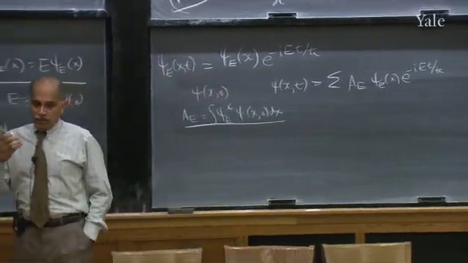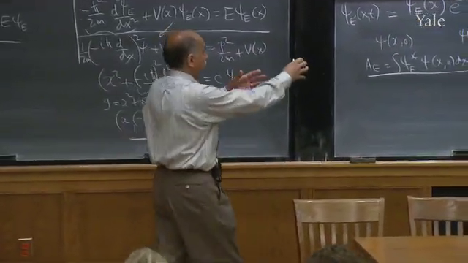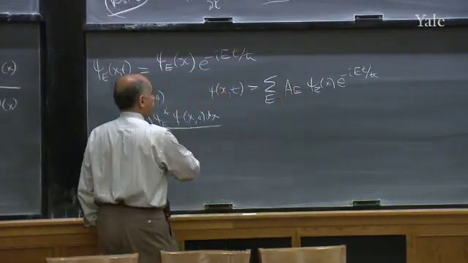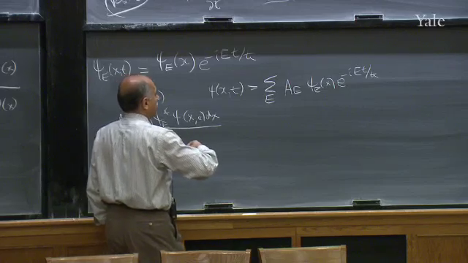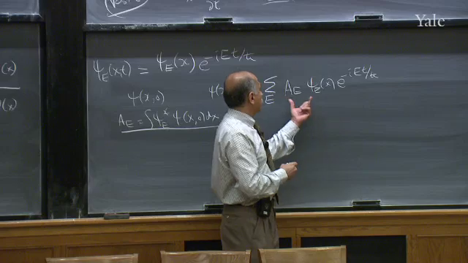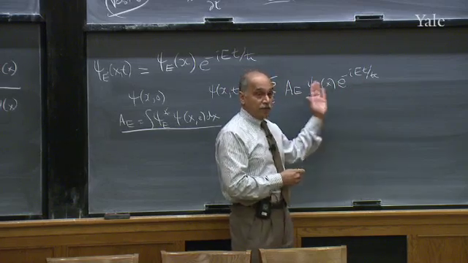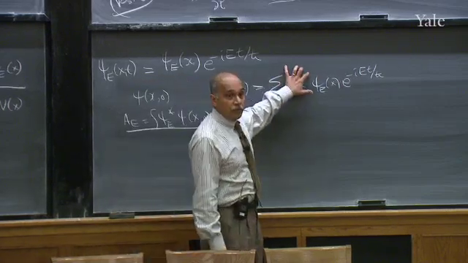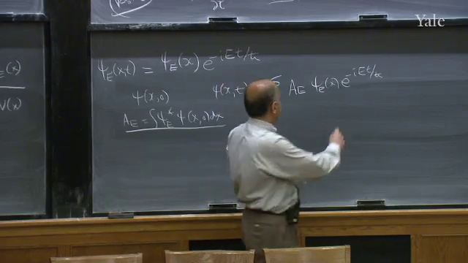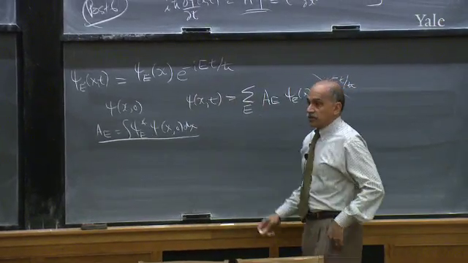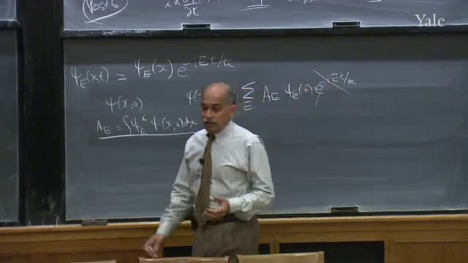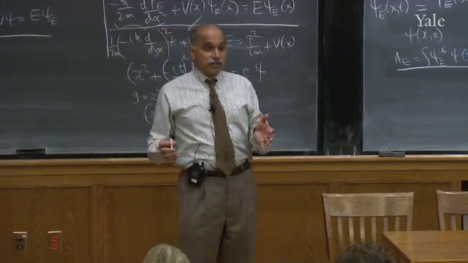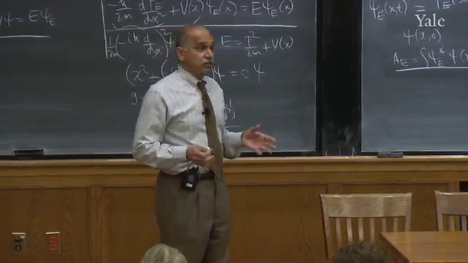In other words, if you take your initial state and expand it as a sum over states of definite energy with some coefficients you compute at t equal to 0, then at any future time, the coefficients are given by simply the initial coefficients times this factor. You can check that this will satisfy the Schrodinger equation, because every term in it is a solution to Schrodinger equation. And at t equal to 0, when you drop this factor, it agrees with the initial state, and that's all you want. Because in this problem, because it's a first order equation in time, if my initial state matches your initial state and satisfies Schrodinger equation, it is the answer. There are no two answers.